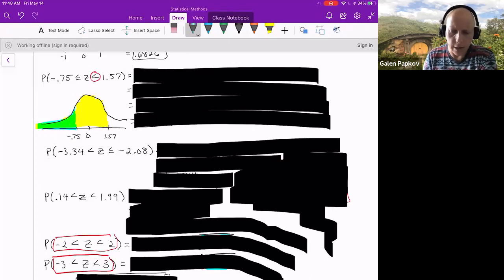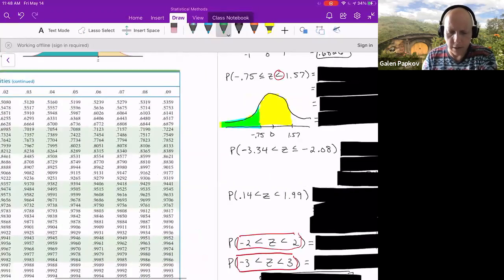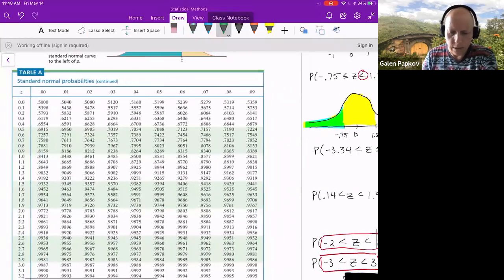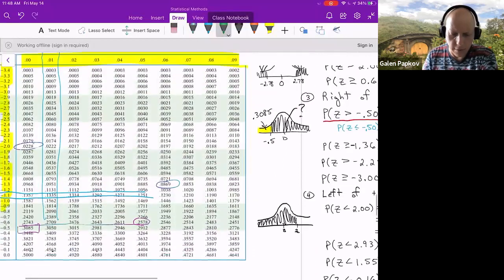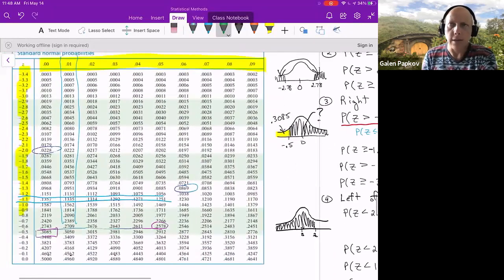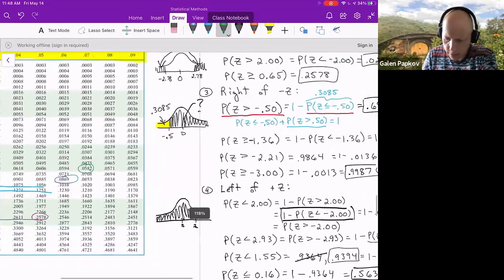So the area to the left, let's do this together, area to the left of 1.57. If we look up negative 1.57, you will see 0.0582.